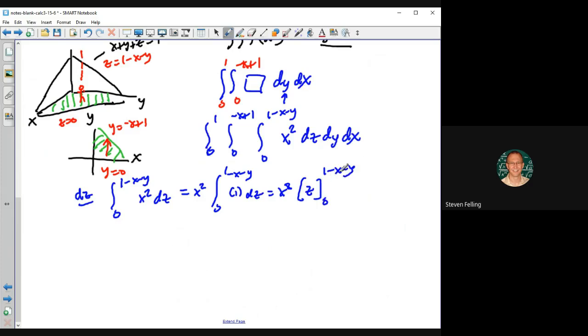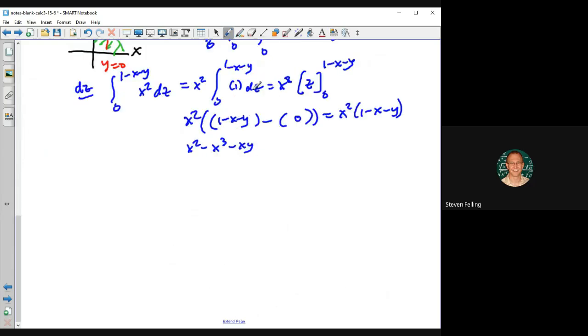We're substituting 1 minus x minus y in for z in one copy and 0 in the other copy. So it's going to be x squared times 1 minus x minus y. Let me multiply that out. That's going to be x squared minus x cubed minus x squared y.